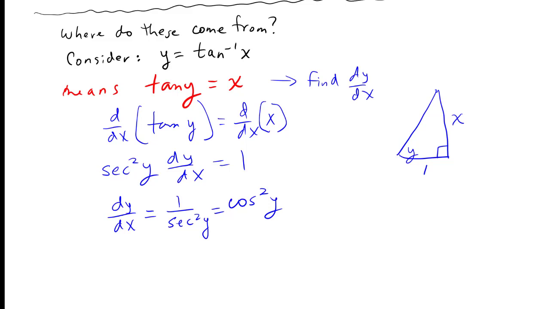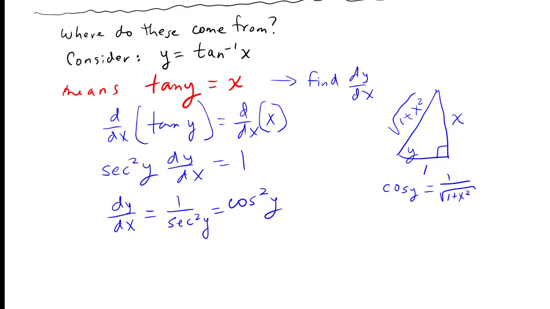That means by the Pythagorean theorem that the last side over here is the square root of 1 plus x squared. Now what I want to do is see what cosine y would be, because that's what's in our derivative there. Cosine would be adjacent over hypotenuse, so 1 over the square root of 1 plus x squared.